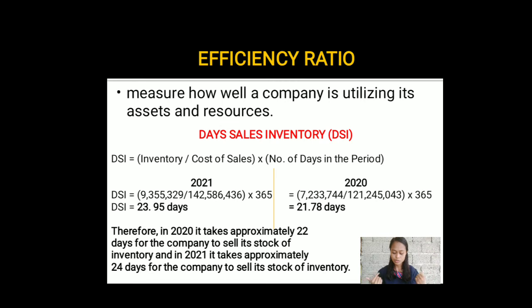Therefore, in 2020, it takes approximately 22 days for the company to sell its stock of inventory, and in 2021, it takes approximately 24 days for the company to sell its stock of inventory.